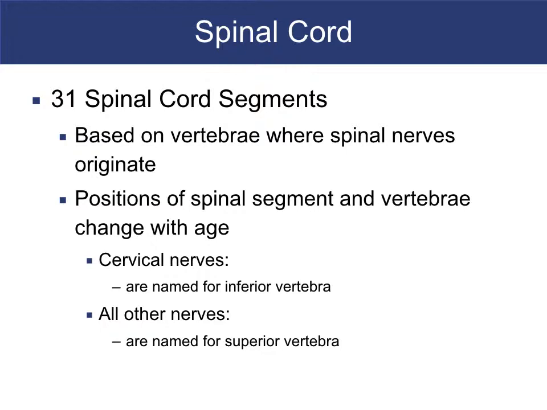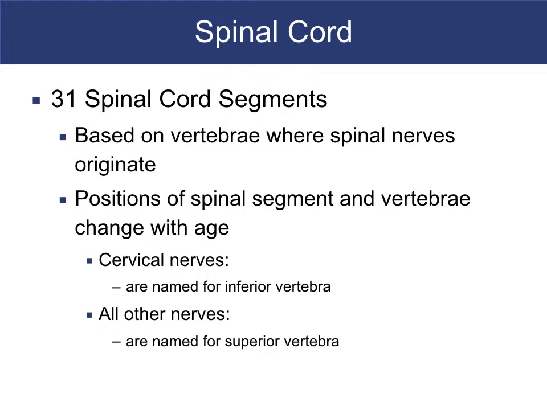T1. That's right. Okay, so here's C1, also called the atlas. C2, also called the axis. C3, C4, C5. Now there's a nerve that comes out between every vertebra. That's why we've got 31 of them. So the first one, which comes out right here between the skull and C1, is called C1.